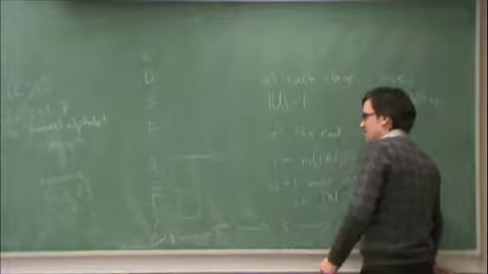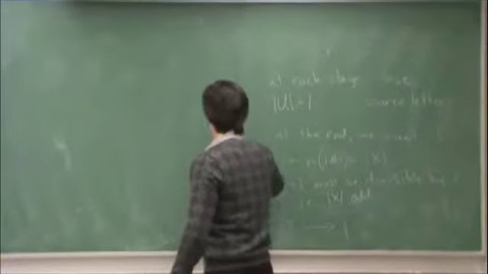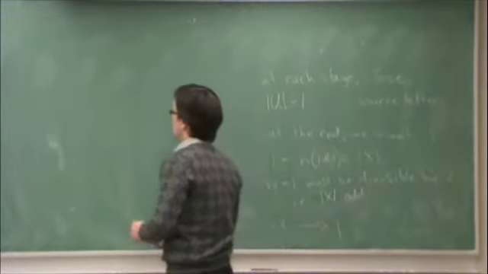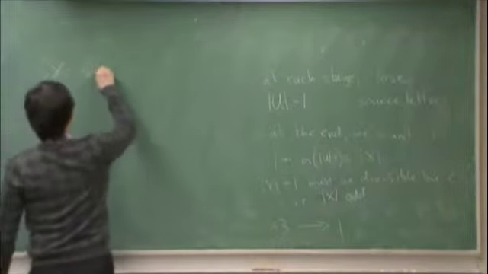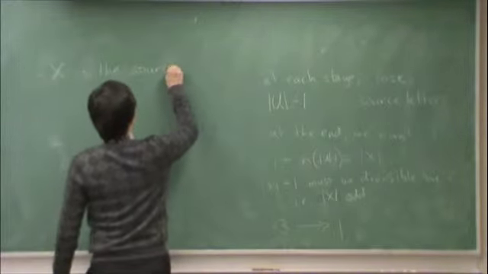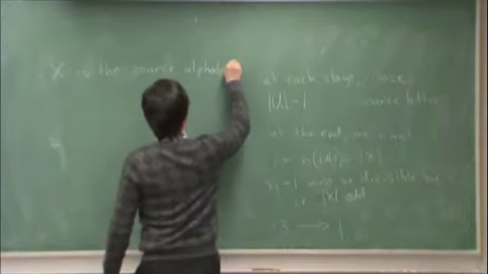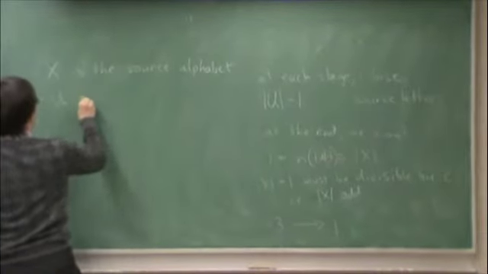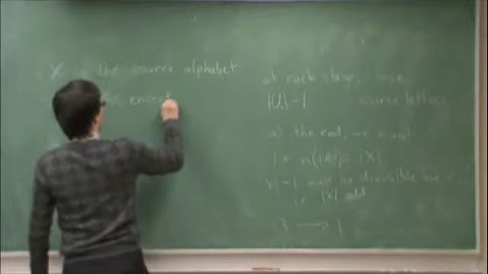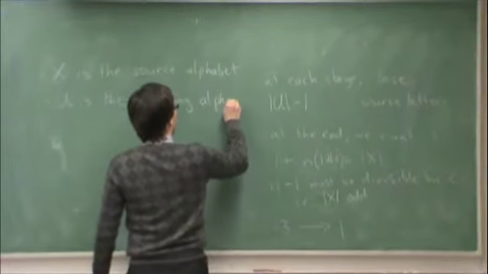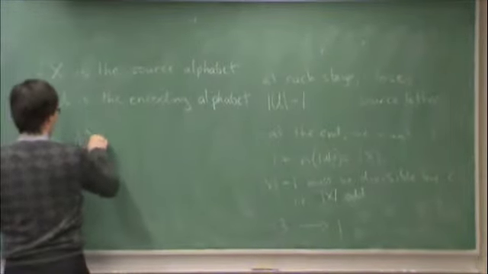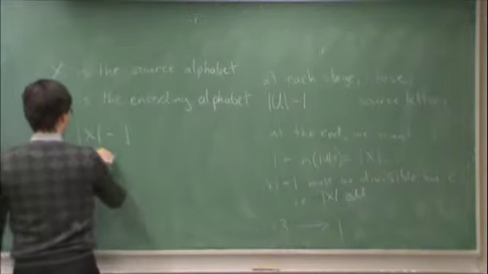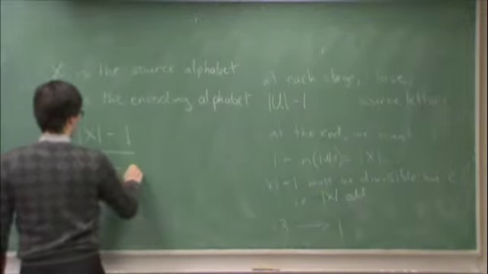So in other words, the final rule is: if x is the source alphabet and U is the encoding alphabet, then what I need is that cardinality of x minus 1 divided by cardinality of U minus 1 equals an integer.